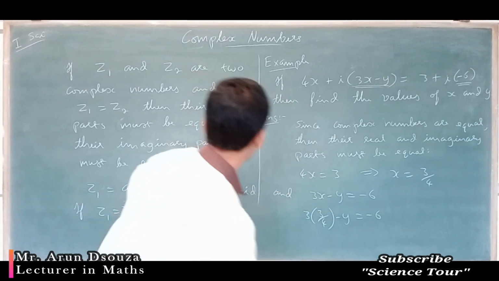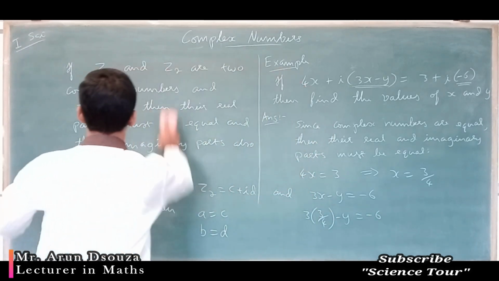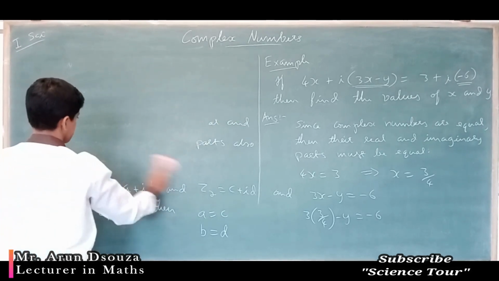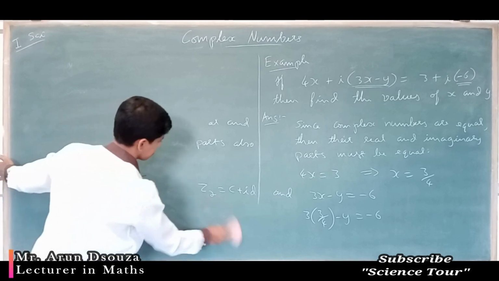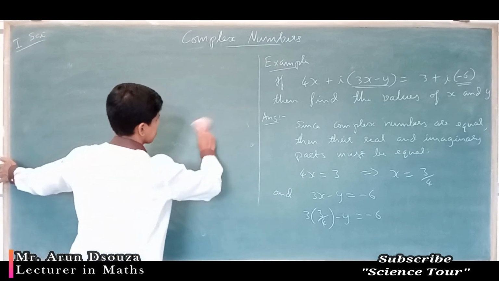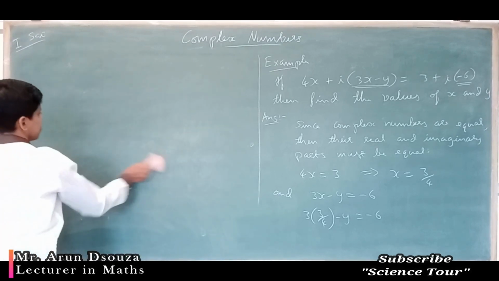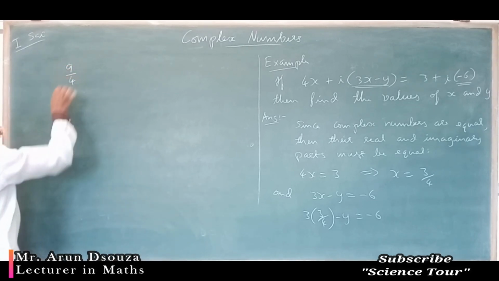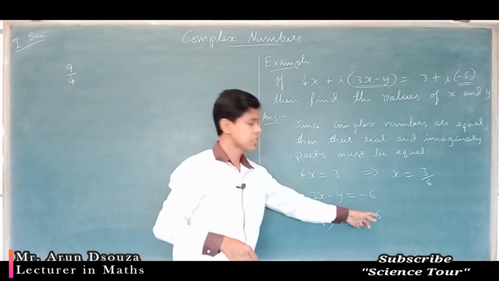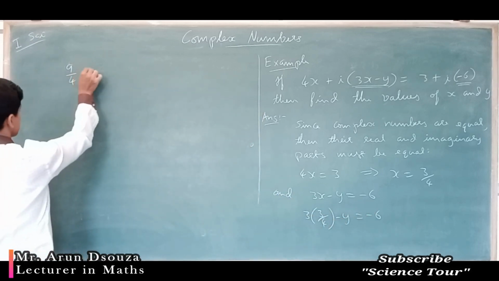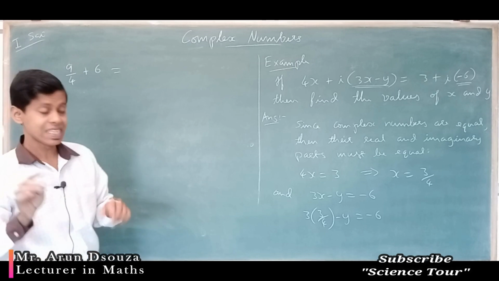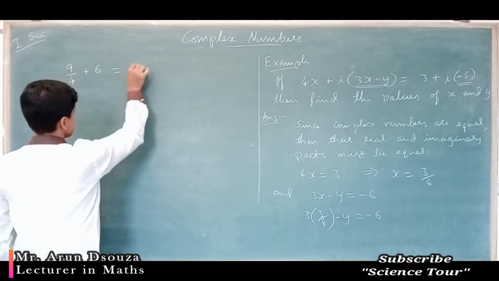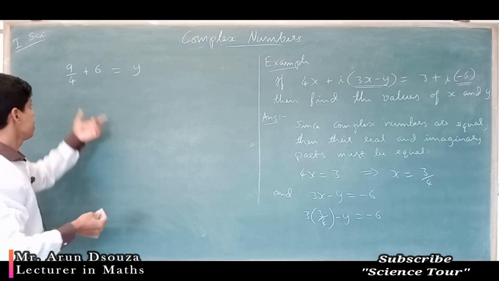You can bring this minus 6 to this side, and it becomes plus 6, and then bring this minus y to the right hand side, and it becomes plus y.